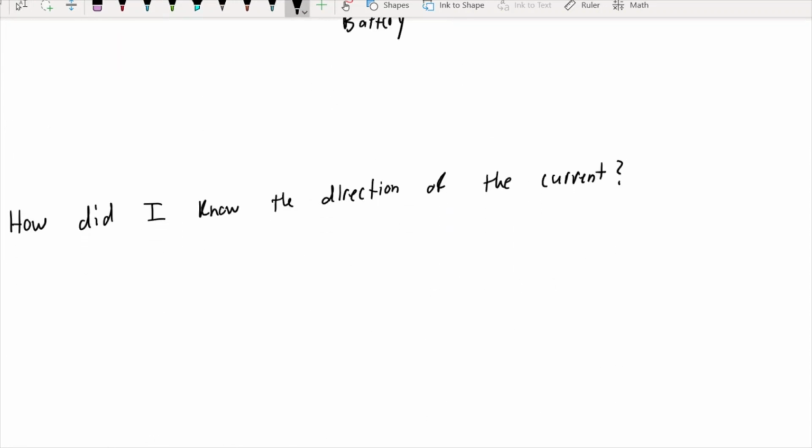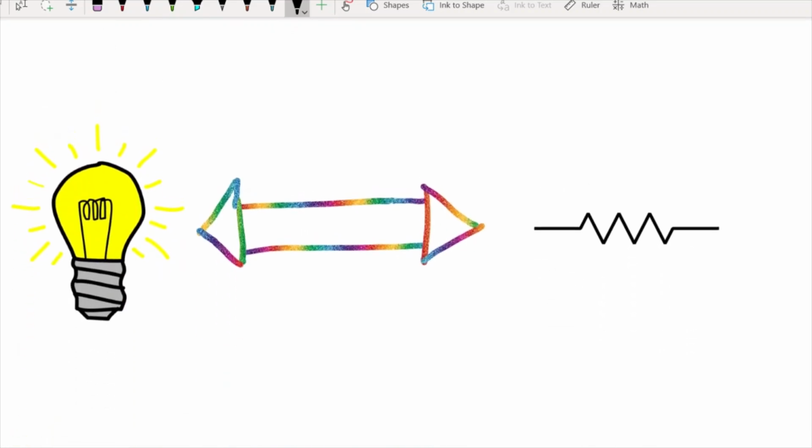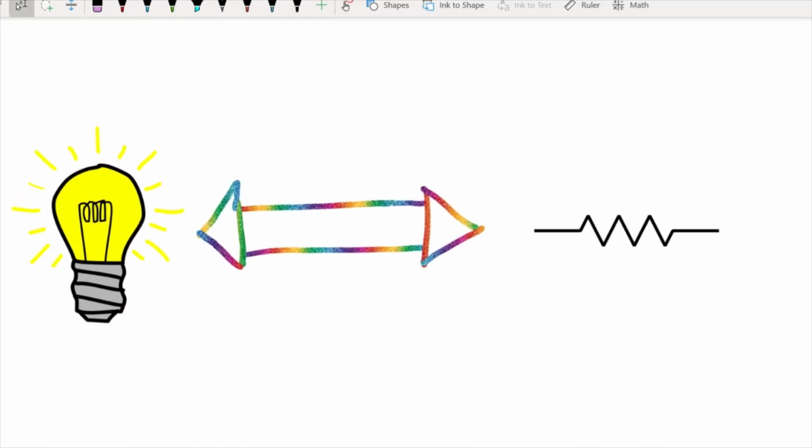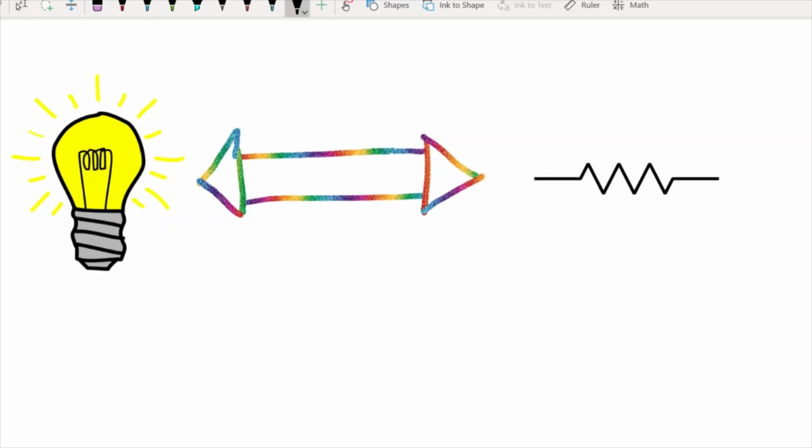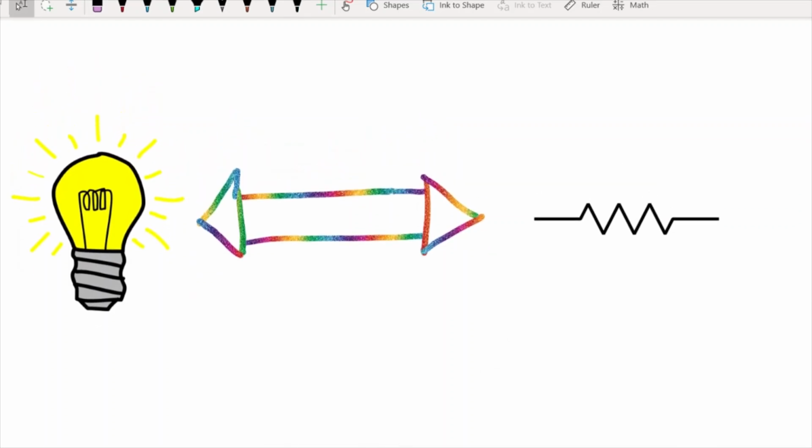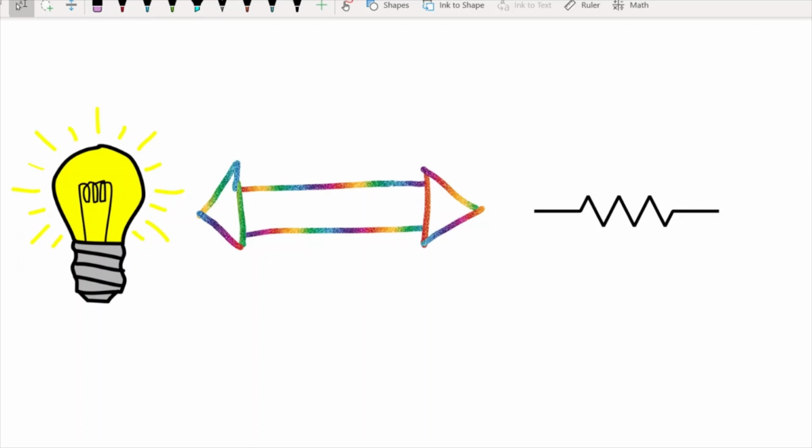Okay, you could think of a resistor like a light bulb, kind of. Light bulbs in parallel will always be brighter than light bulbs in series. Let me tell you why. If you have something in series, the more resistors you add, for example, something that looks like this, the higher the effective resistance is going to be.